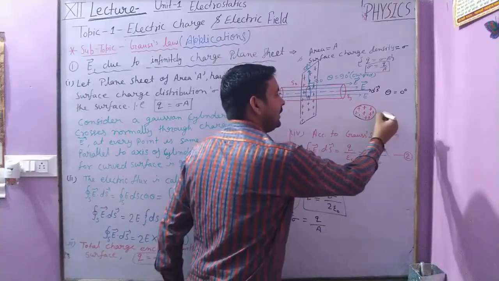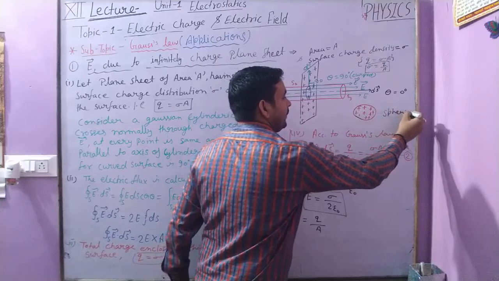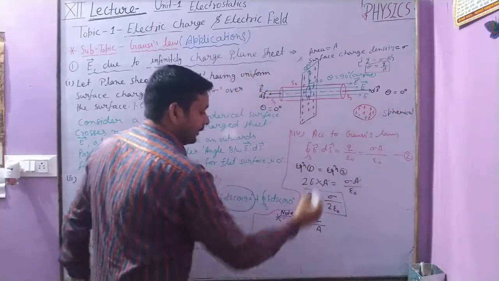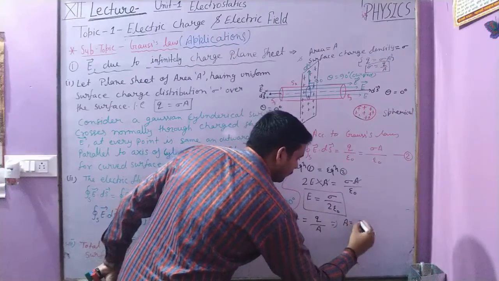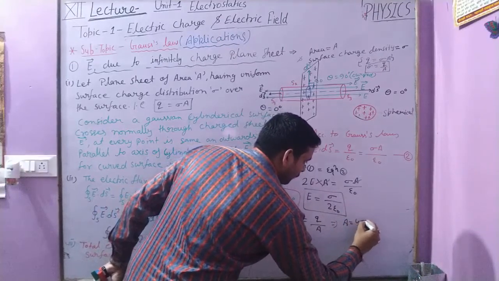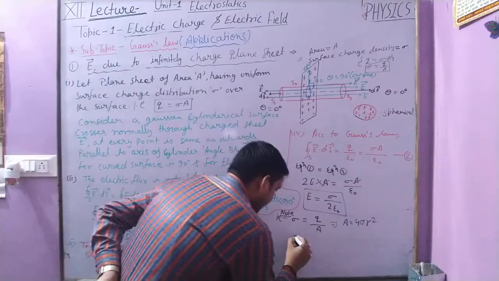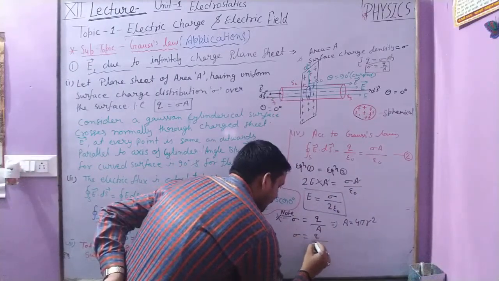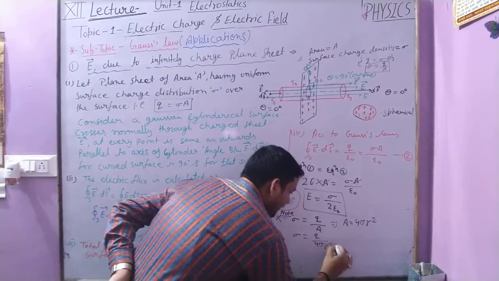So the answer is spherical part. And for the spherical part, A is equal to 4 pi r square. By using this result here, we get sigma is equal to Q upon 4 pi r square.